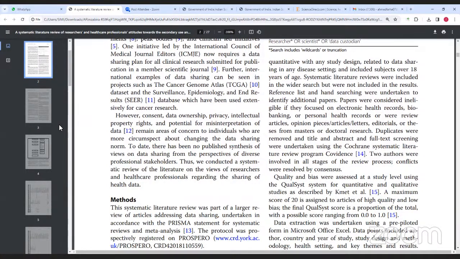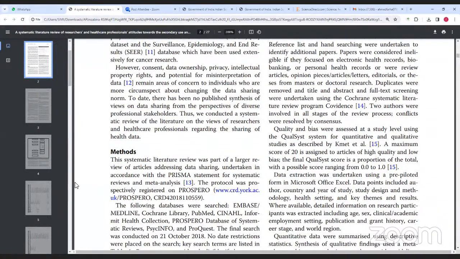However, consent, data ownership, privacy, intellectual property rights, and potential for misinterpretation of data remain areas of concern to individuals who are more circumspect about changing the data sharing norms. To date, there has been no published synthesis of views on data sharing from the perspectives of diverse professional stakeholders. Thus, we conducted a systematic review of the literature on the views of researchers and healthcare professionals regarding the sharing of health data.